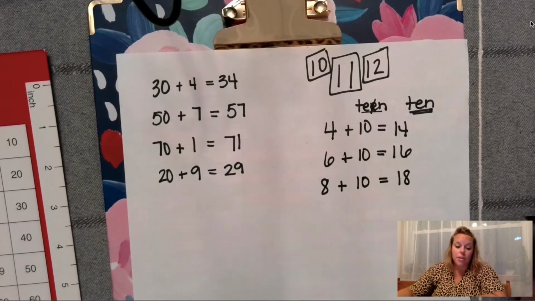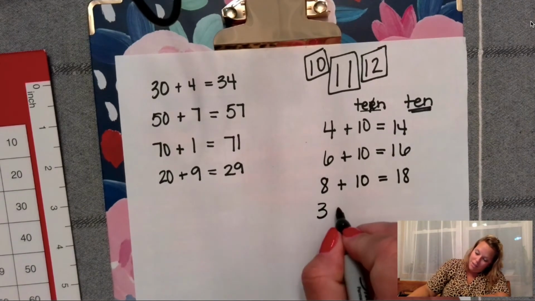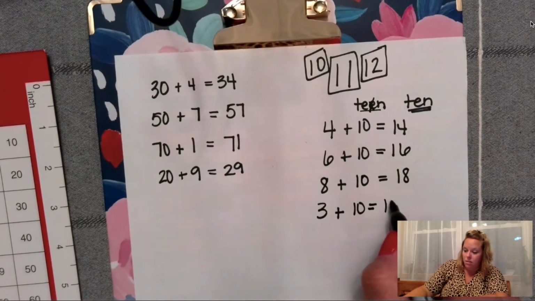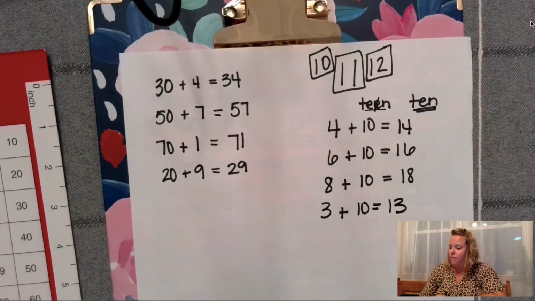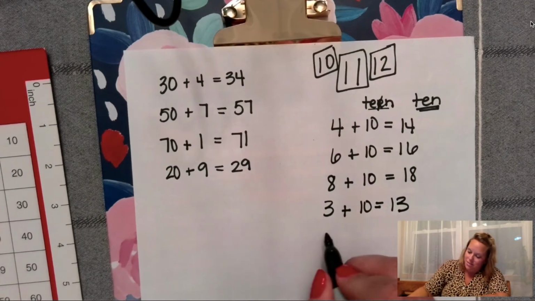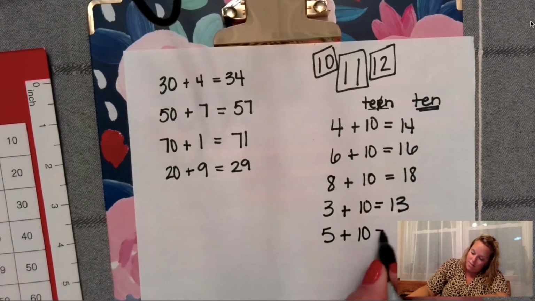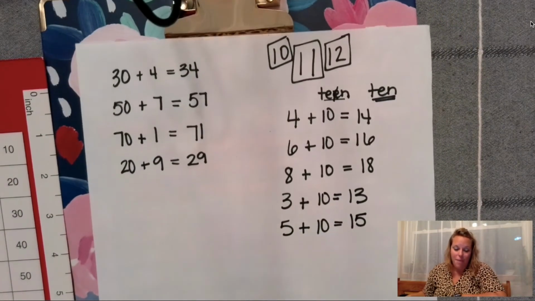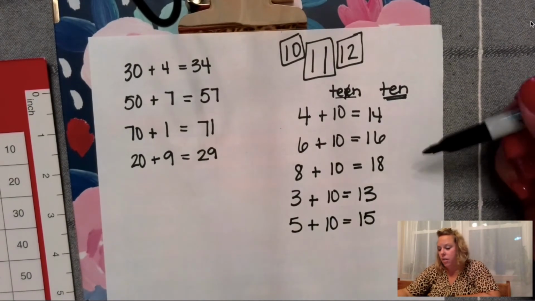What about 13? 3, 13. 13 is tricky. Starts with a 3 and 10 more, and that gives me 13. Okay. And 15. 5 plus teen, 10 equals 15.